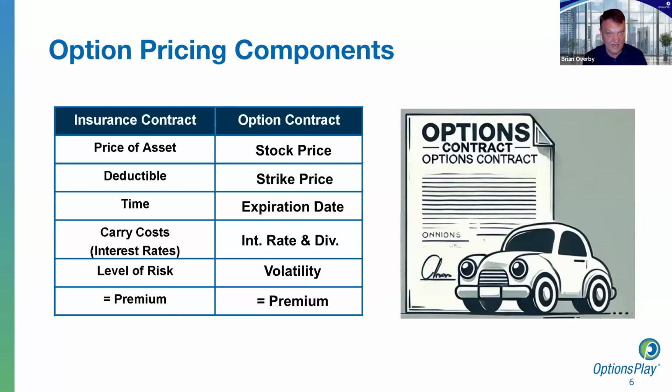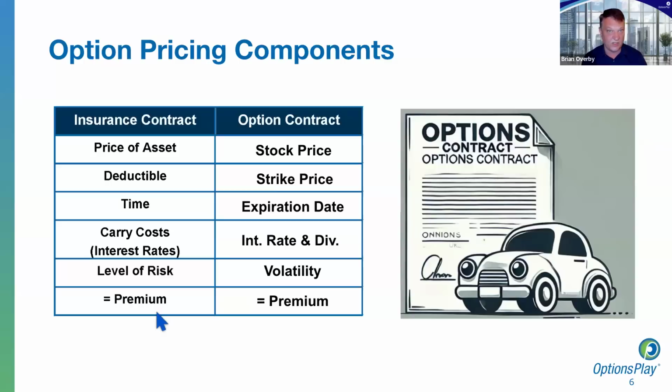Because of that, buying a protective put on 100 shares of Walmart, on a one-to-one basis, is going to be cheaper than buying one on Amazon. And when it's all said and done, we call the price of an option contract a premium, just like in the insurance world.